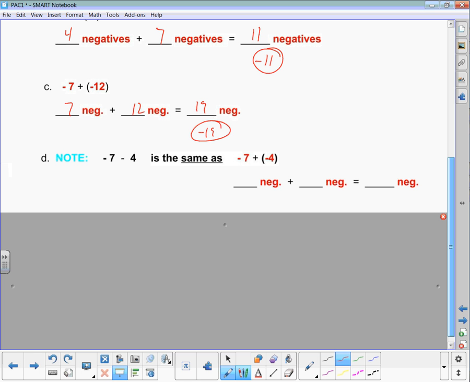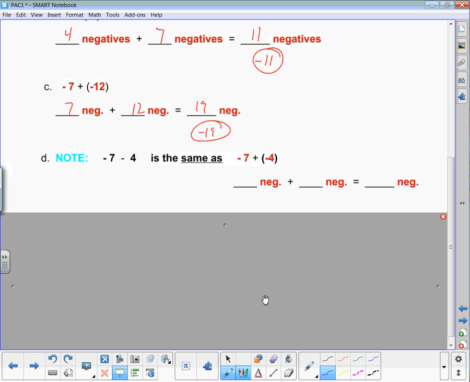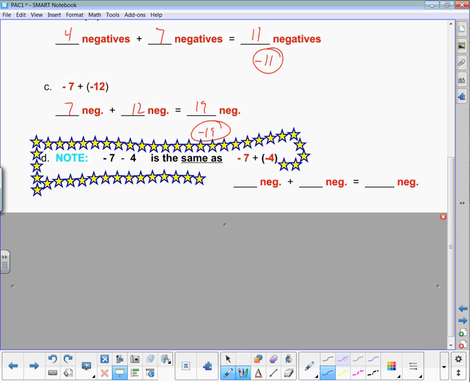Now let's get down to some nitty gritty. Here's something that you're going to have to be careful about. I'm going to put a bunch of stars around this thing. I know you can't do that, but be careful of this situation. And here's what I've got. Let me just go back to my red, and you can just do this in red and circle in red.